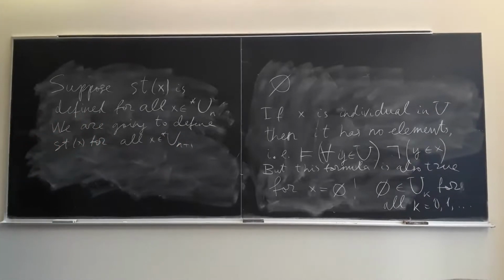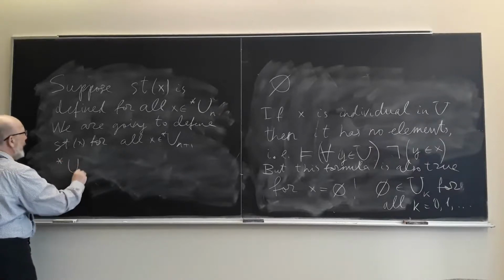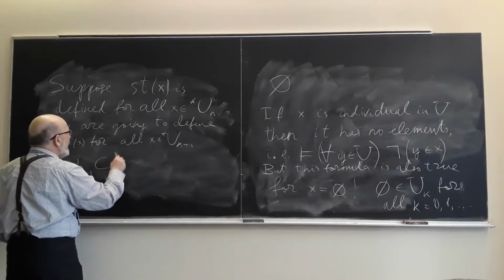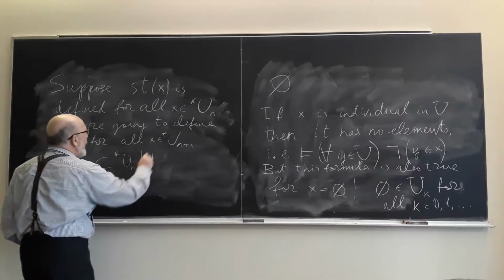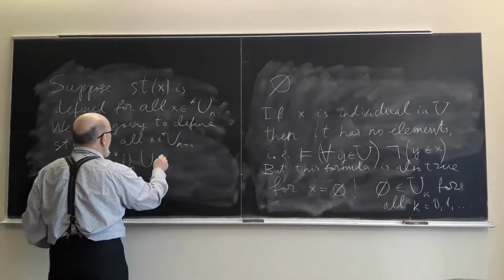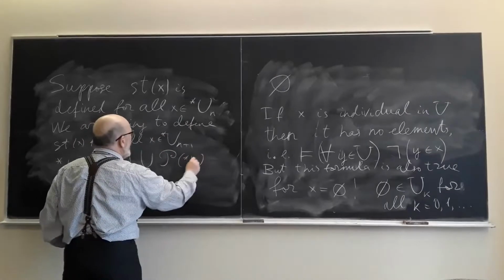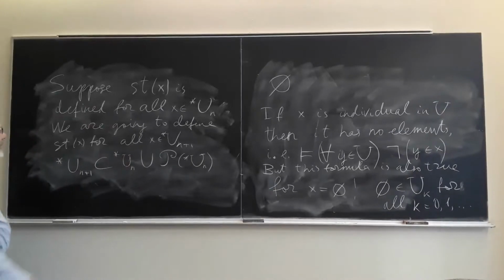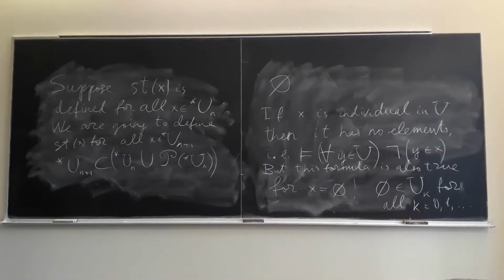So how to do it? Star U n plus 1 is a subset of star U n union with P of star U n, by definition.